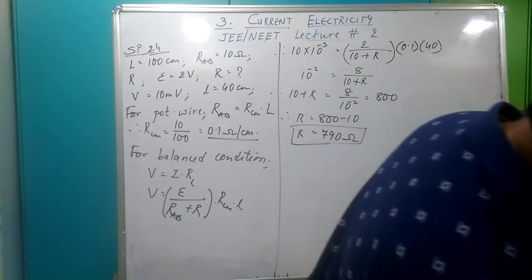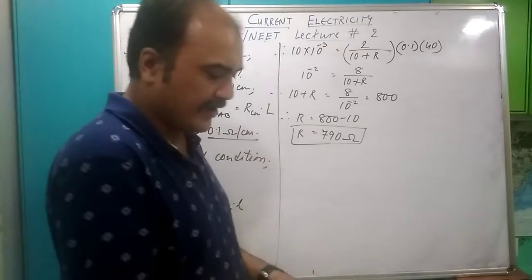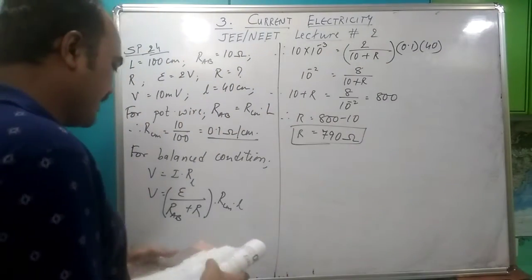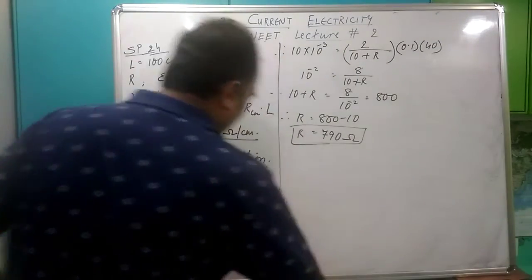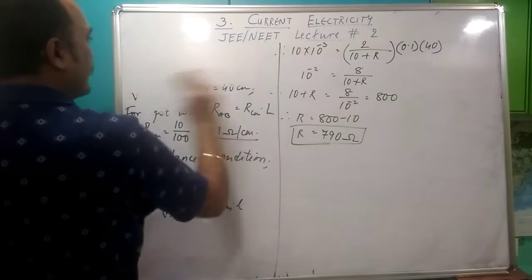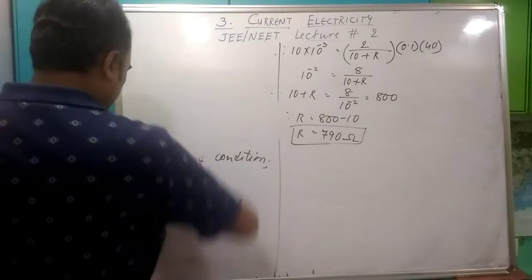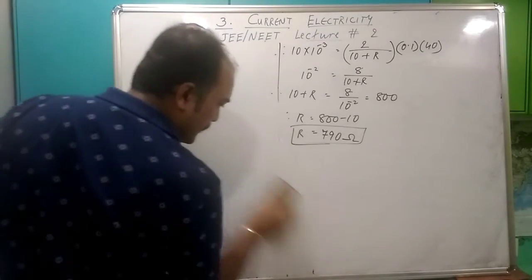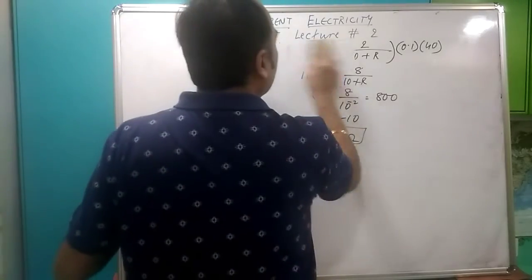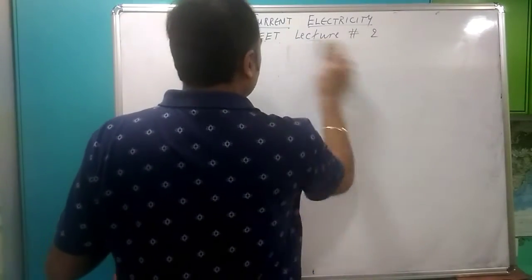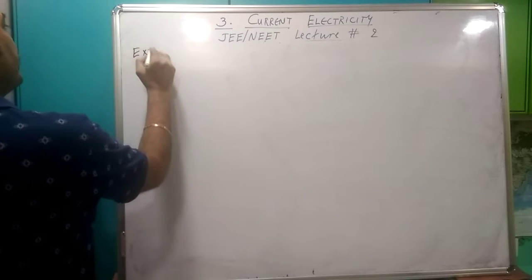After SP24, we are looking at example number 1. Example number 1 is also a circuit, a good circuit at that. Let us just move it there. Example 1, use of Kirchhoff's law, I'm sure. Looks like it.